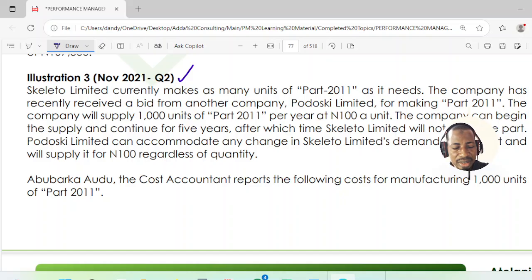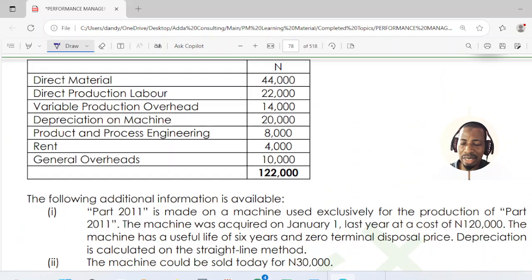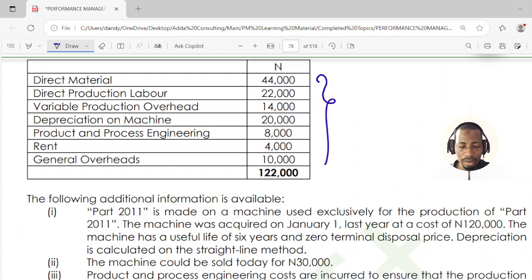The company can begin the supply and continue for 5 years, after which time Skeletal Limited will not need the parts. Podolsky Limited can accommodate any change in Skeletal Limited's demand for the part and will supply it for 100 naira regardless of the quantity. Abubakar Haudu, the cost accountant, reports the following cost for manufacturing 1,000 units of part 2011. Okay, so it's assumed that all these figures are correct.